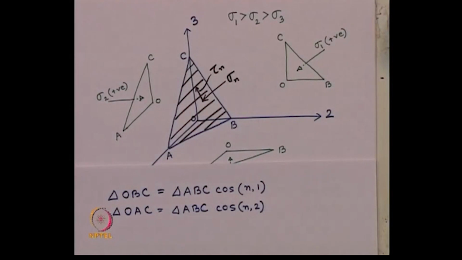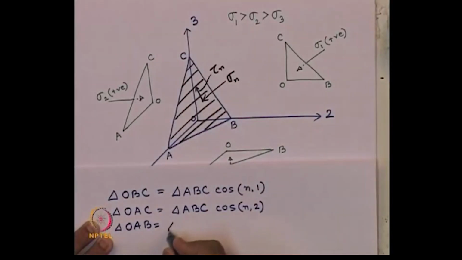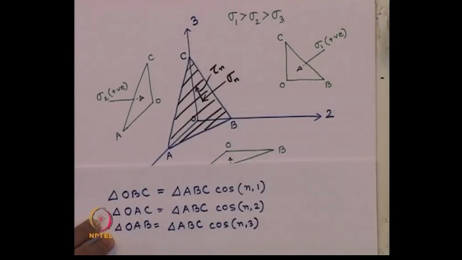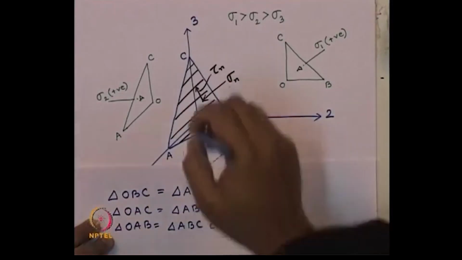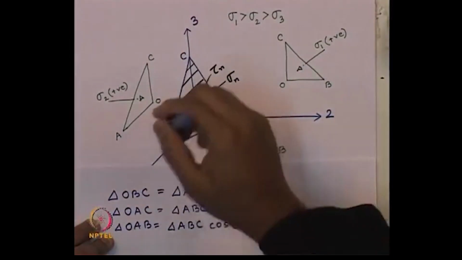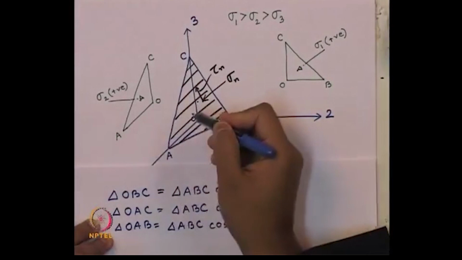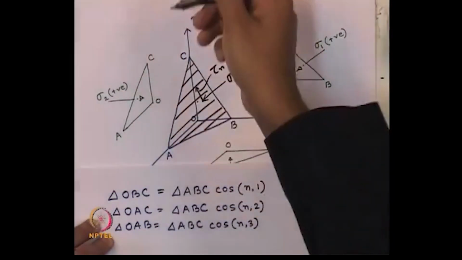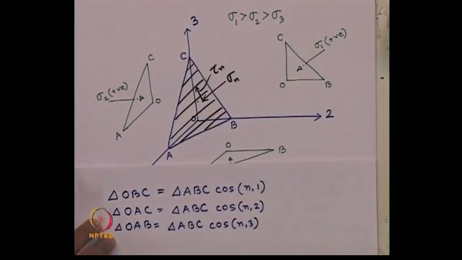And triangle OAB, this area should be triangle ABC times cosine of the angle between that nth plane and axis 3. So, the nth plane direction is nothing but perpendicular to this one. Okay. So, n with respect to 1, n with respect to 2, n with respect to 3, these are the 3 angles.